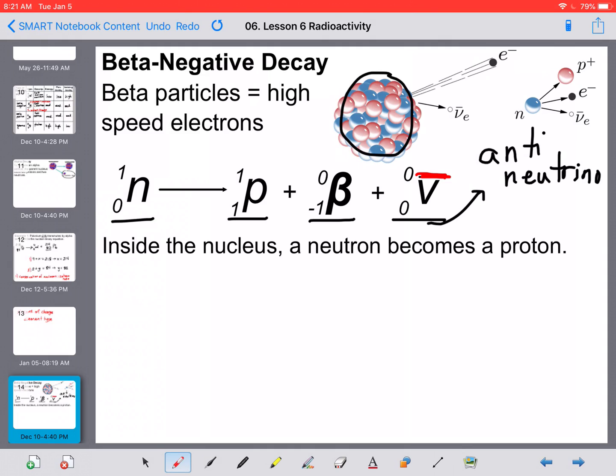So you're going to want to make sure that you know the symbol for the antineutrino, and it has two zeros there. And you'll also make sure that you memorize that whenever it's beta negative decay, you have a beta negative particle being released along with an antineutrino.